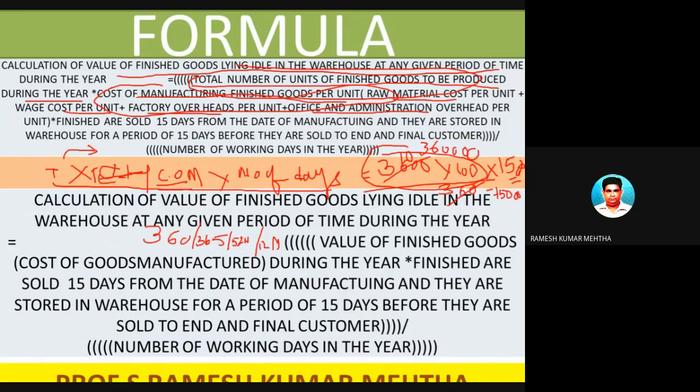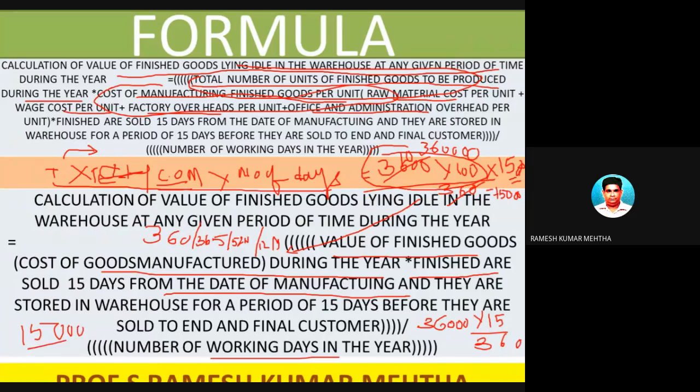So 3,60,000 is the total cost of manufacturing the finished goods during the whole year, into the finished goods being sold after 15 days from the date of manufacturing, divided by the number of working days. That is 3,60,000 into 15 days by 360 days, another way of deriving the formula, which will give you 15,000 rupees.